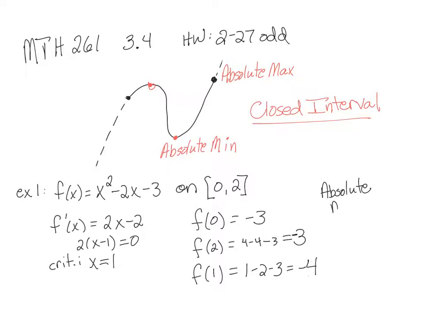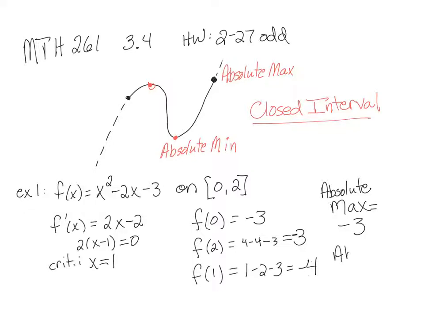Negative 4. So now we see that my absolute maximum occurs at the highest y value, and the biggest y value here is negative 3. So my absolute max y value equals negative 3.